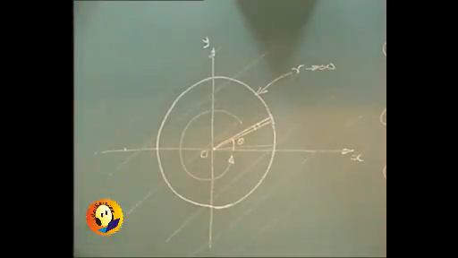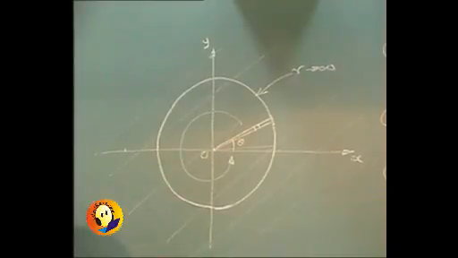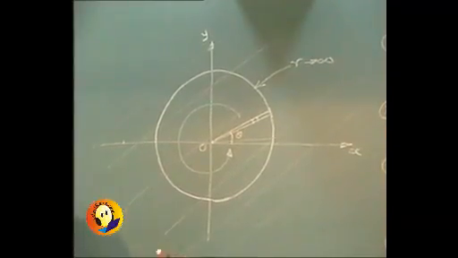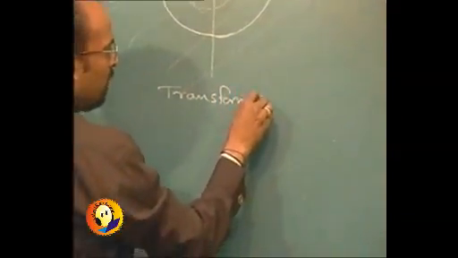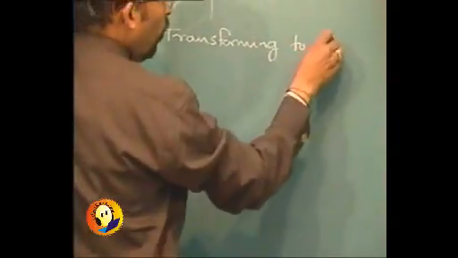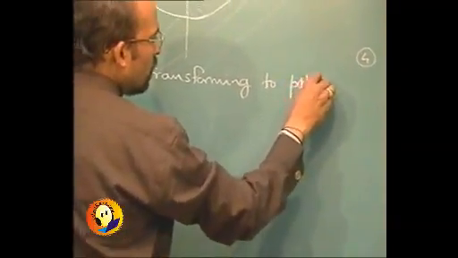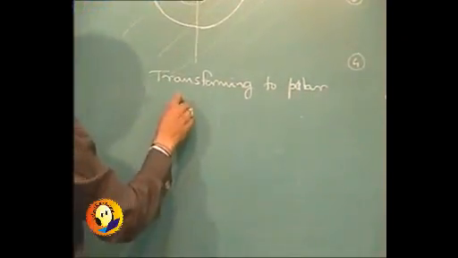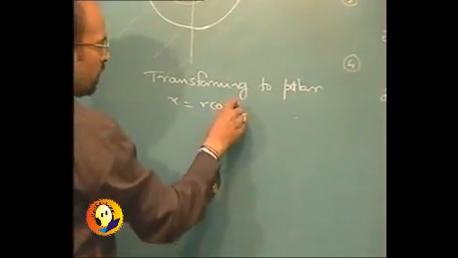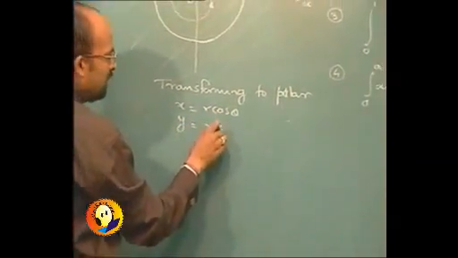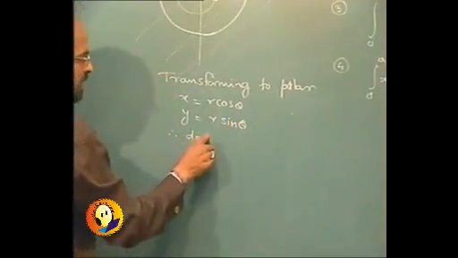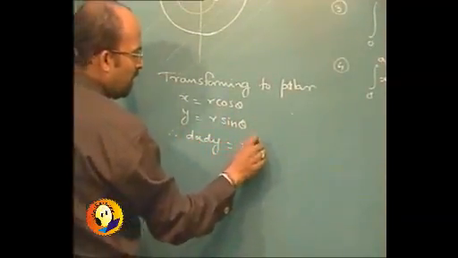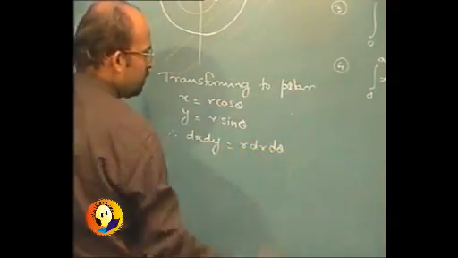And so with the substitution, that we can say converting to polar or transforming to polar coordinates, with x equal to r cos theta, y equal to r sin theta as the substitution. Therefore we have dx dy as r dr d theta.